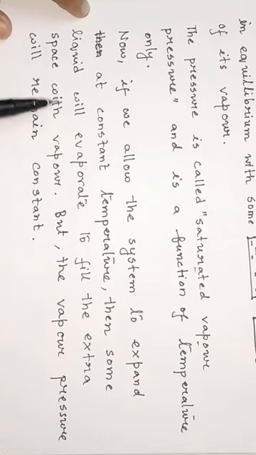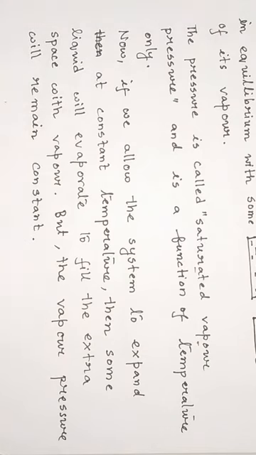That is, due to the increase in volume, some extra space is created, and that space will be filled with vapor. But the vapor pressure will remain constant, because we have kept the temperature constant, and vapor pressure being a function of temperature only, it will also remain constant.